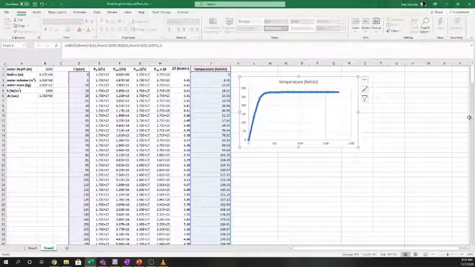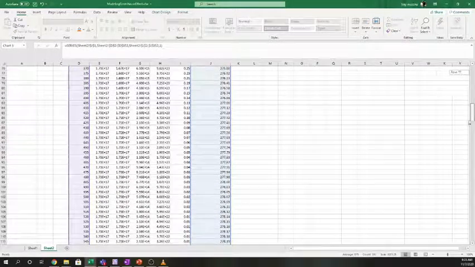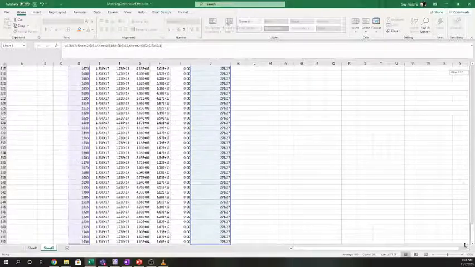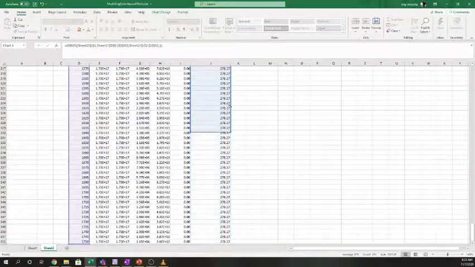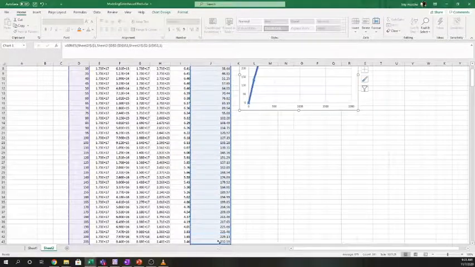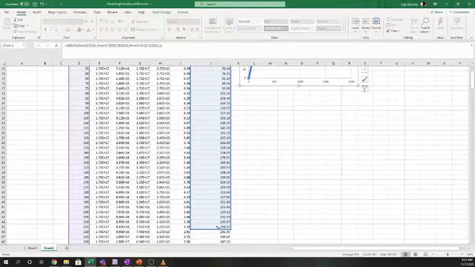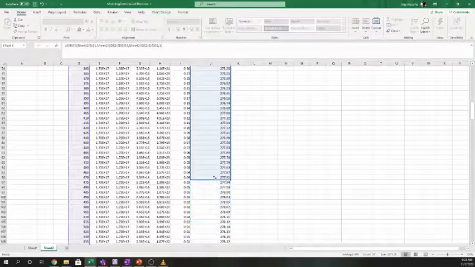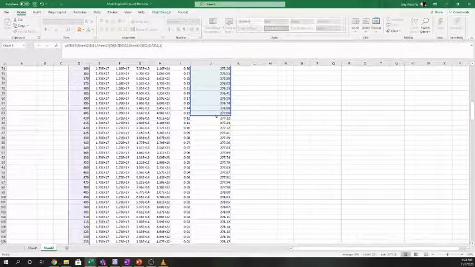I'm going to remove some of the points from the graph just so that we can see a little easier what's going on. I'm going to go back to, let's go to 450. I think that'll be fine.